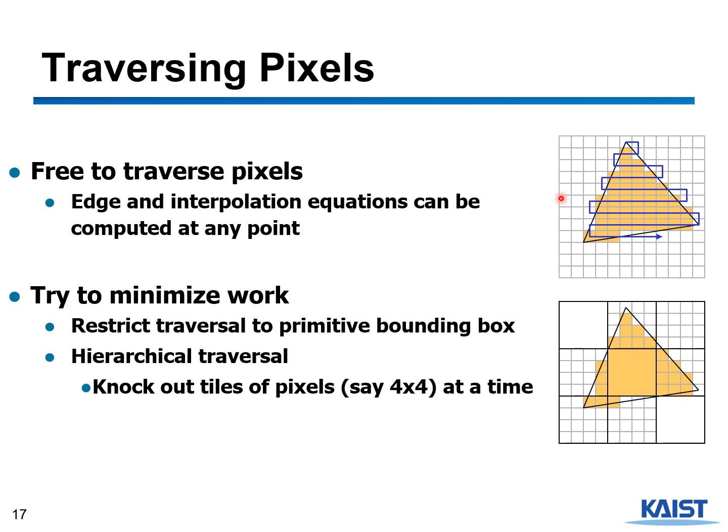We can traverse the pixels this way and check whether each one is within the triangle or not. But typically we also want to accelerate this, so we restrict the traversal to the primitive bounding box.